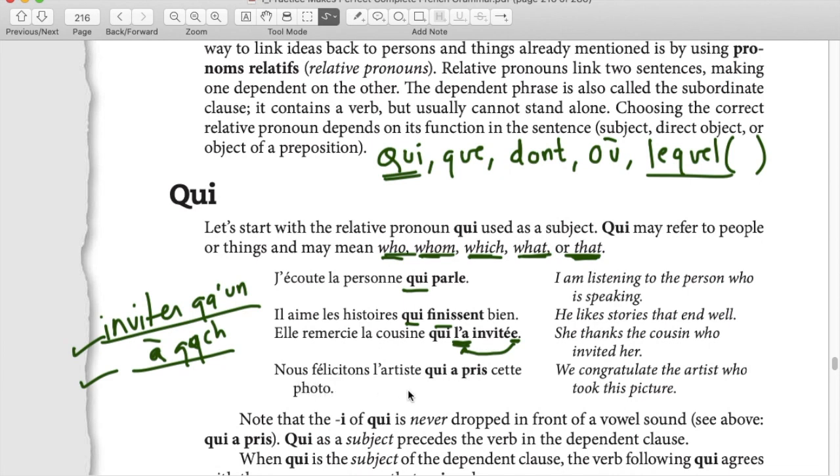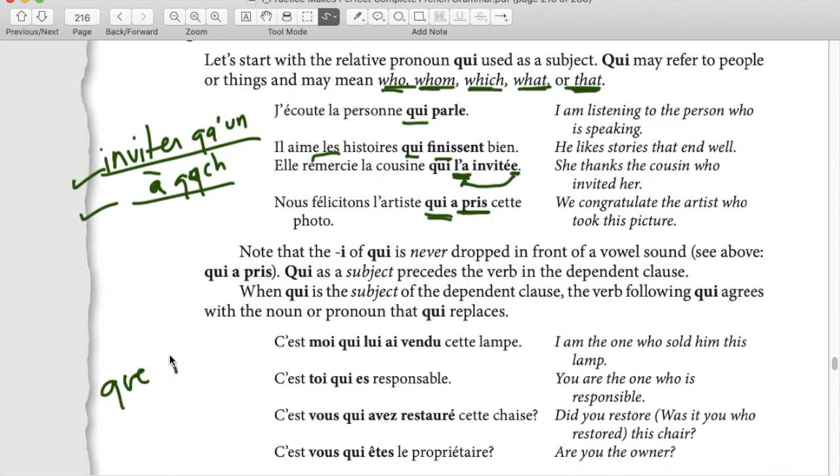Nous félicitons l'artiste qui a pris cette photo. Here, qui is the subject. The past participle remains the same. It doesn't match anything here. Here it was changing because we had a direct object pronoun. When we have a situation like que followed by a vowel, what we do is elide it: qu'.